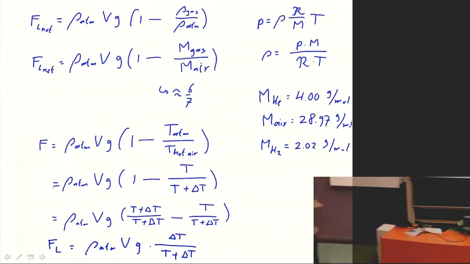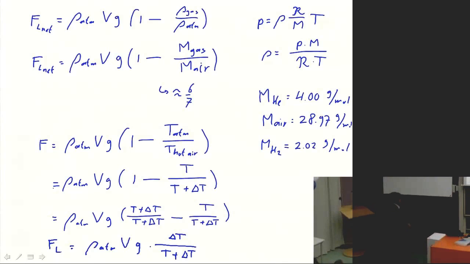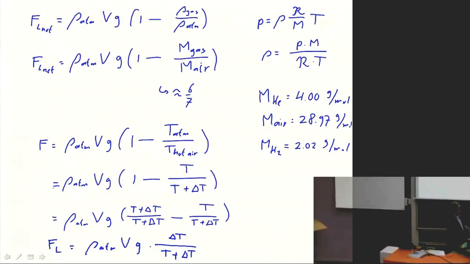Now, if we compare helium with hot air, if we want to have the same lift with hot air as with helium, then this should be equal to 6/7. Which means that, well, you could also write it here.